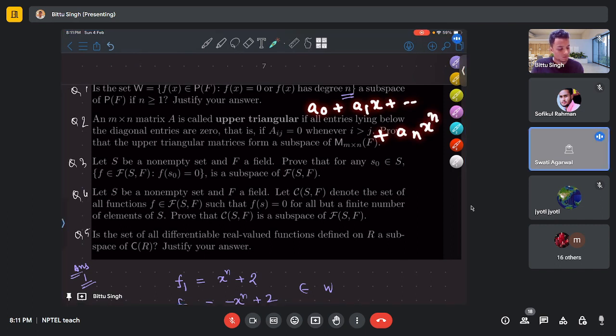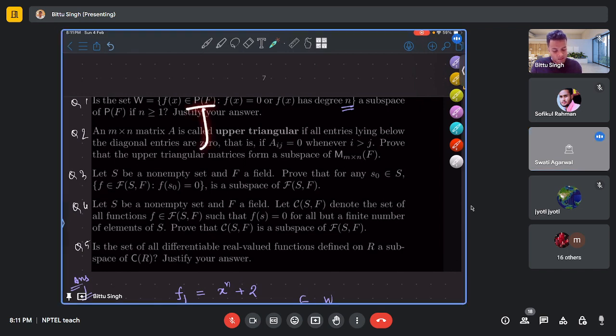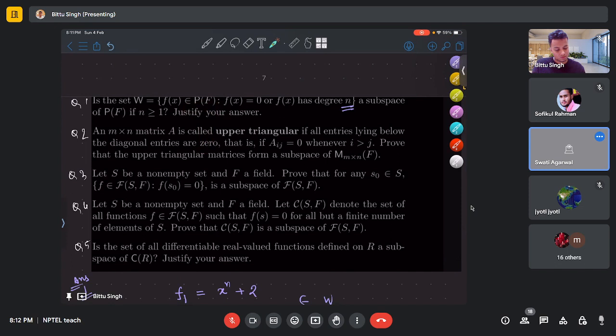So the set W is a function f(x), which can be any polynomial function. Yes, P(F) is any polynomial, so f(x) belongs to that polynomial space.